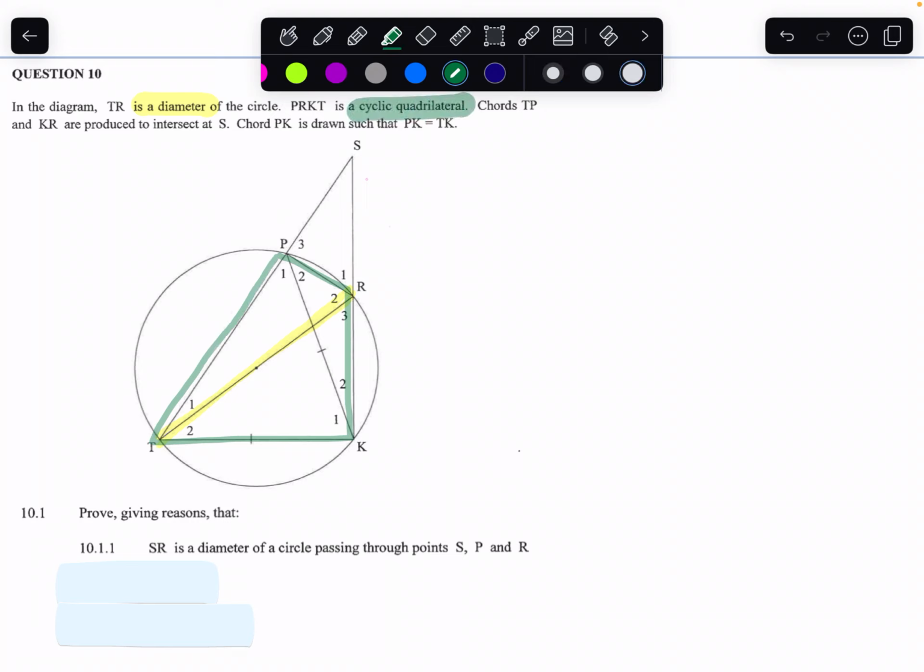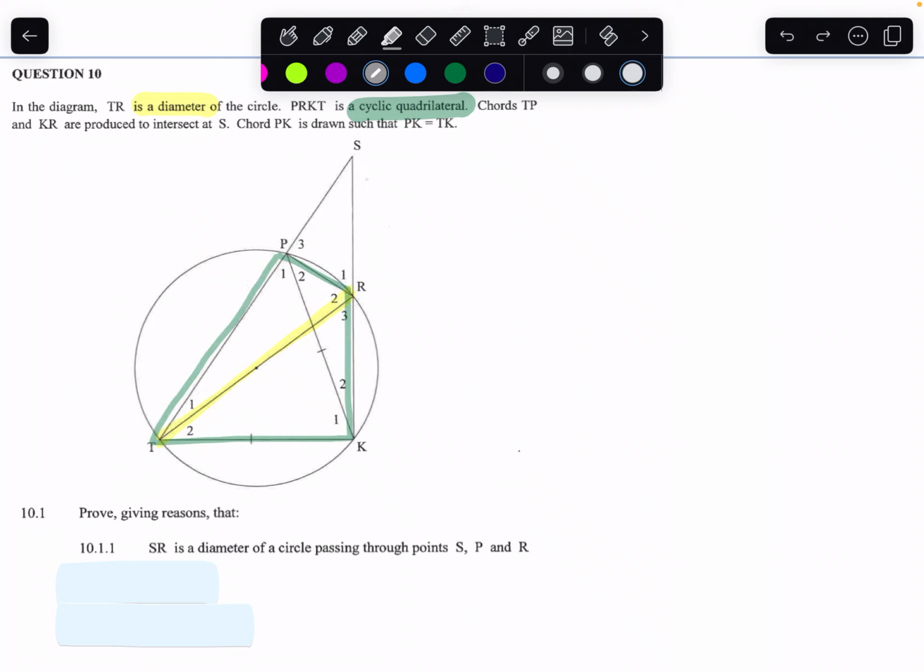Then we're told chords TP and KR are produced, or extended, to intersect at S. So in other words, TPS and KRS are both straight lines. It's not a situation where you go TP and then it bends a bit in a way that you can't see on the paper. We're being assured that those are straight lines.